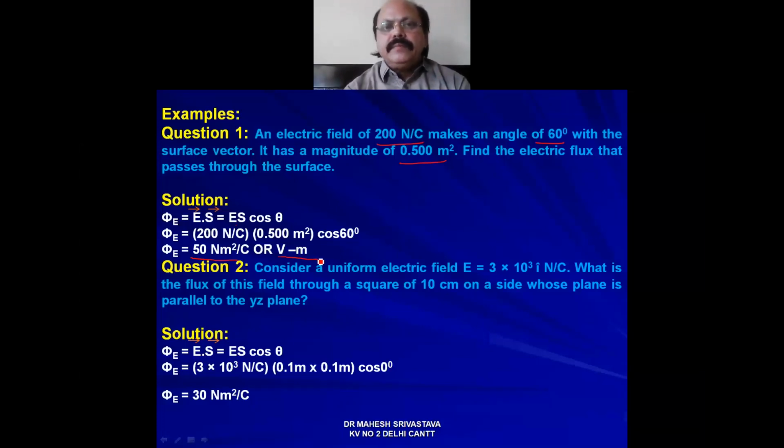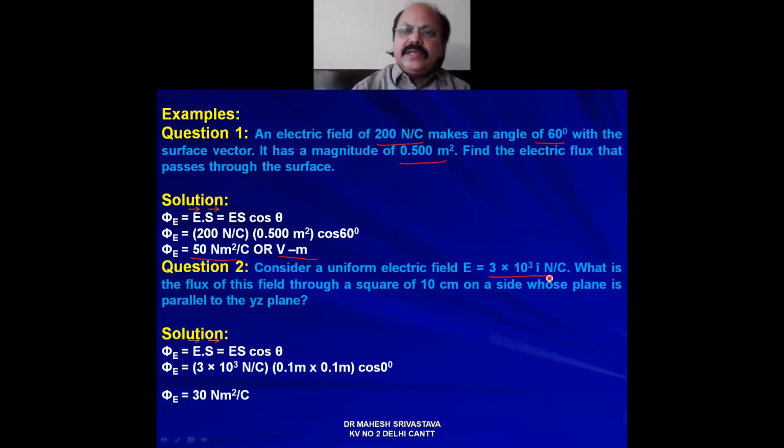Another question we take, a uniform electric field E equal to 3 into 10 to the power 3 i cap Newton per coulomb. It means the electric field is acting along the positive x direction.